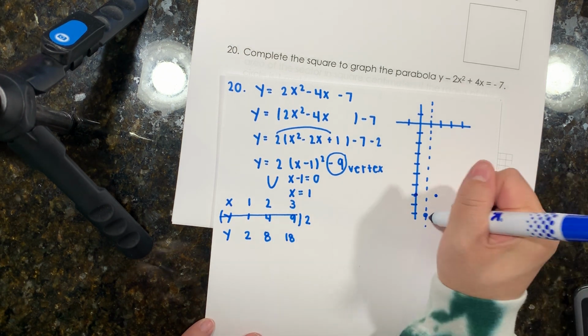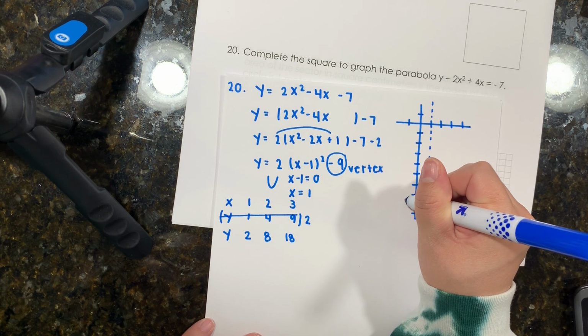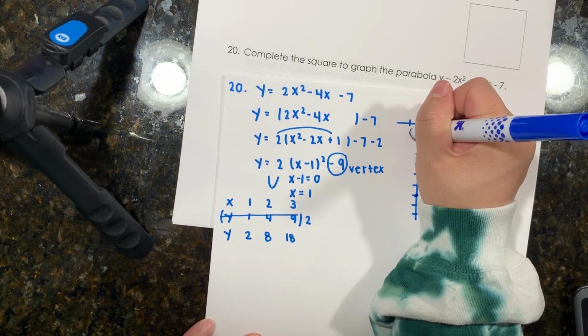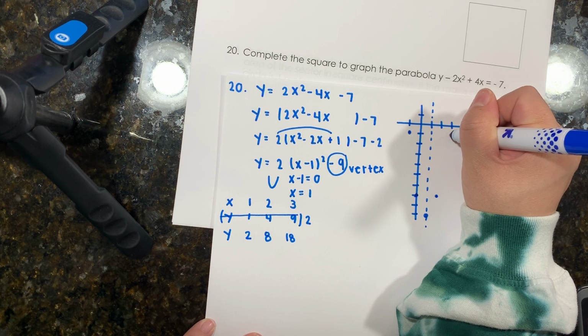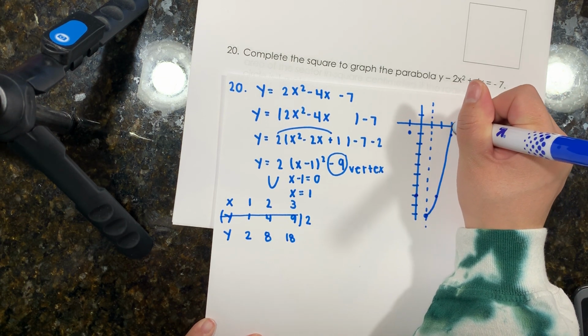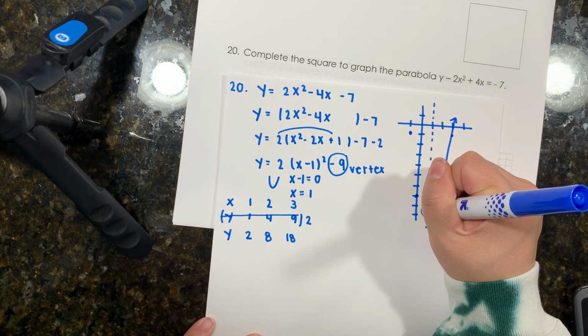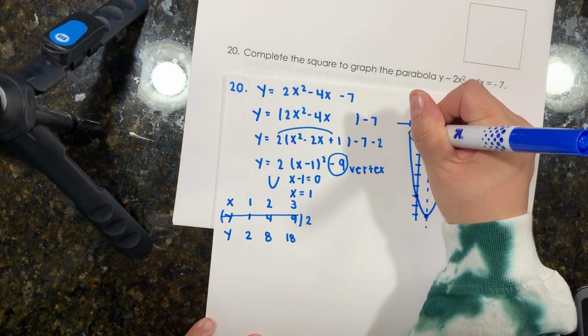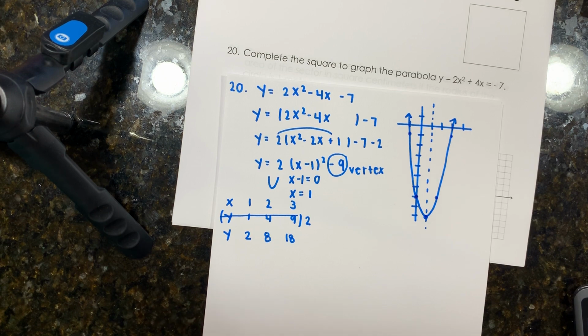And then over 2 up 8. Well, this would be 8 here. And then you connect your dots to create your parabola. And that would be your result for number 20.